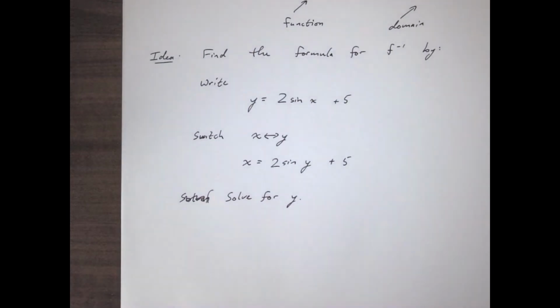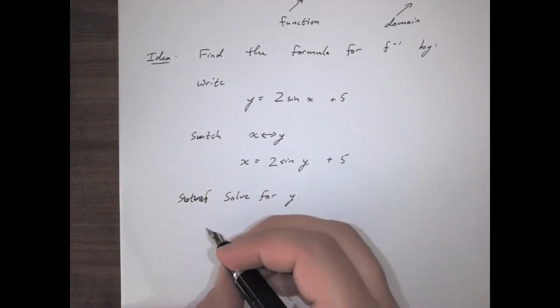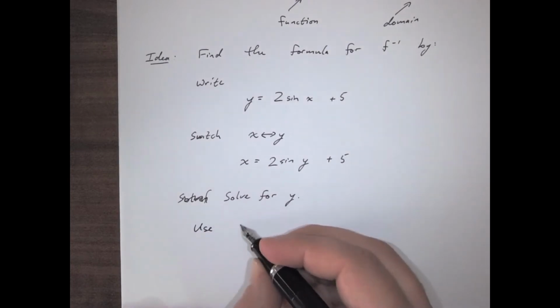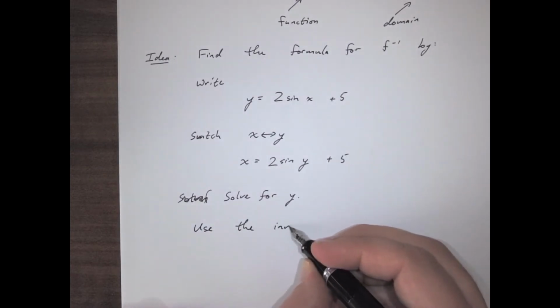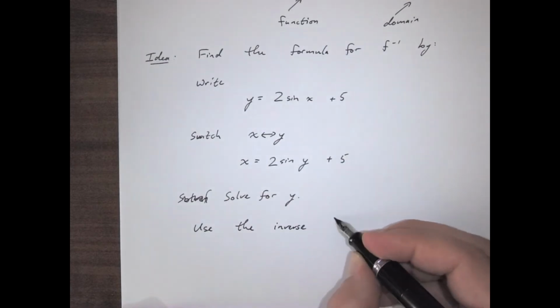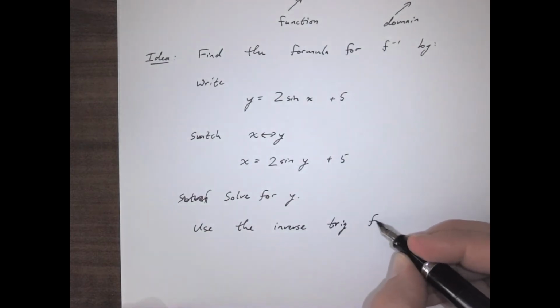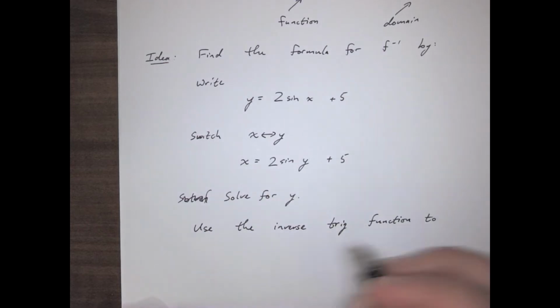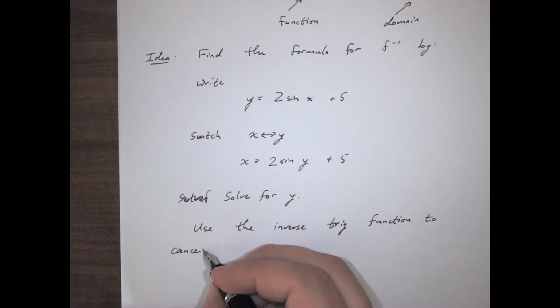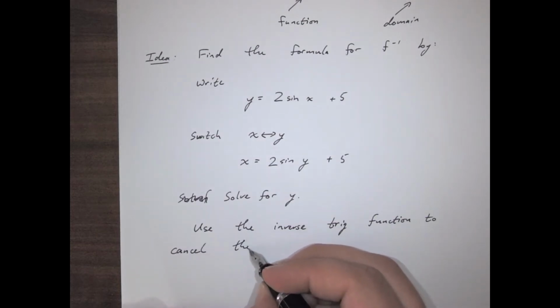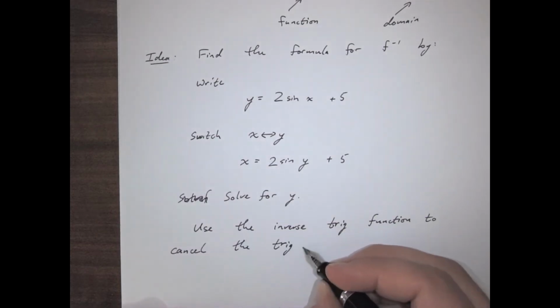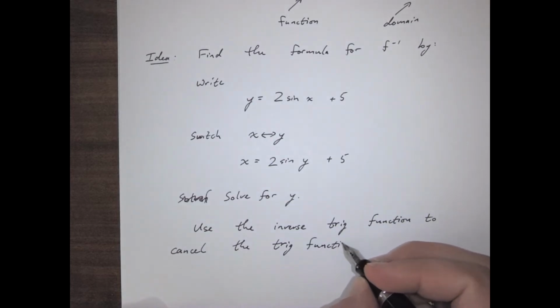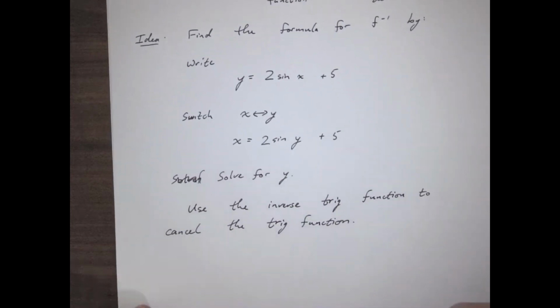When the time comes when you have to undo the trig function, you undo the trig function by using its inverse. Use the inverse trig function to cancel the trig function. So here it would be an inverse sine.